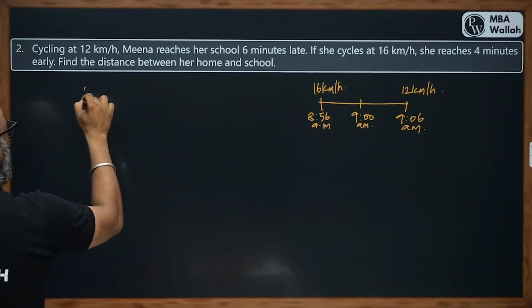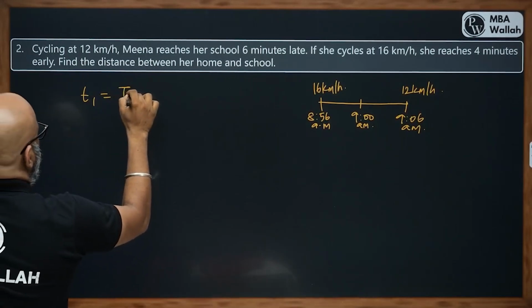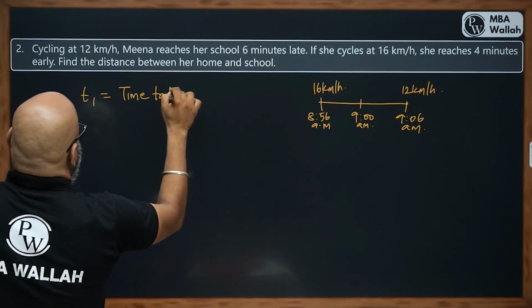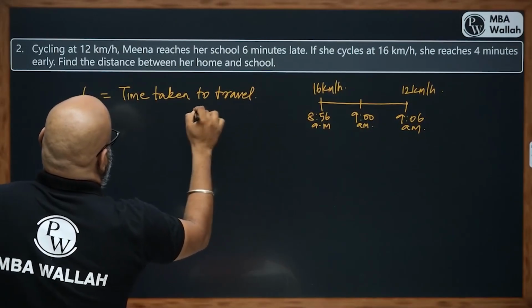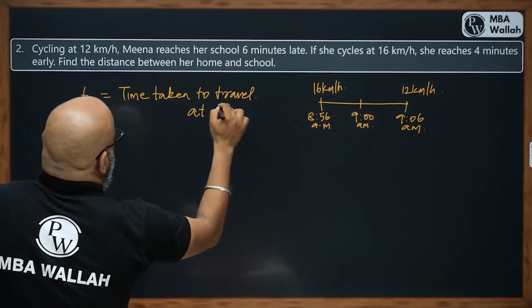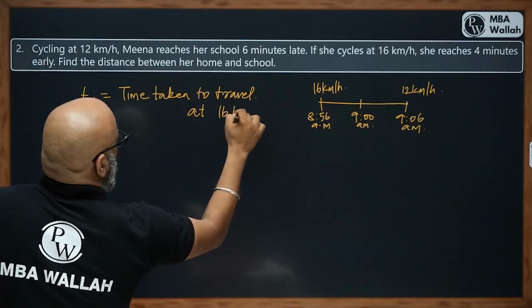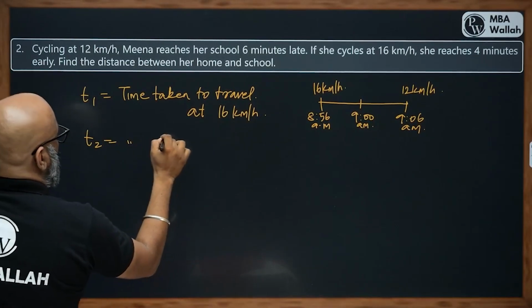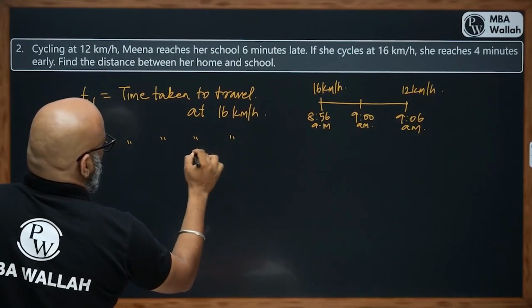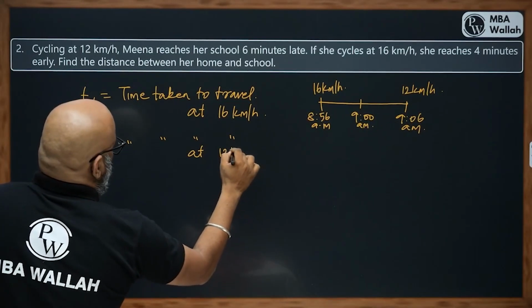Let's say T1 is equal to time taken to travel at 16 kilometers per hour. T2 will be the time taken to travel at 12 kilometers per hour.